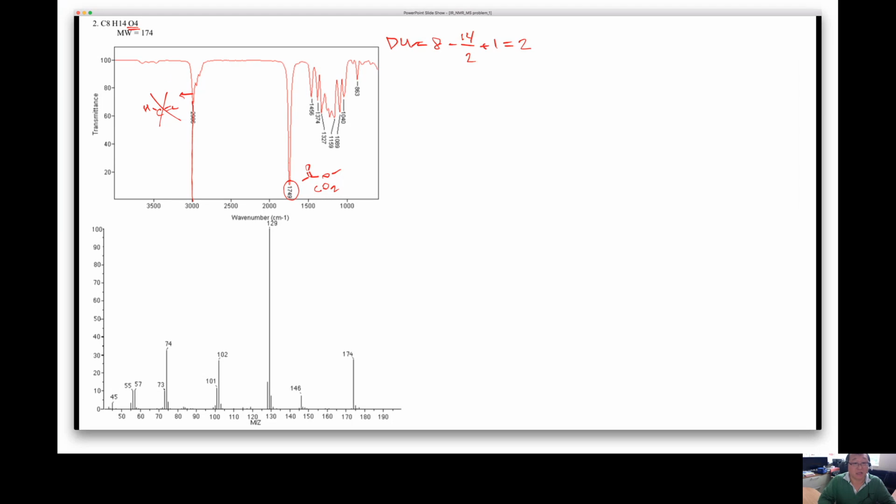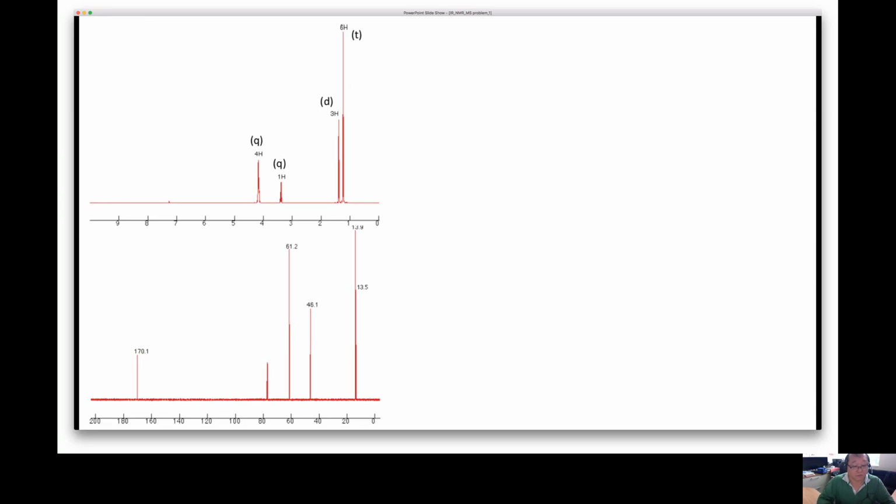If this is one ester, that basically accounts for 1 degree of unsaturation. And if it's a diester, then there will be 2 degrees of unsaturation. So these basically account for all the degrees of unsaturation, but we don't know whether there is a diester or one ester. How are we going to figure that out? We need to see other things, which is the NMR spectrum.